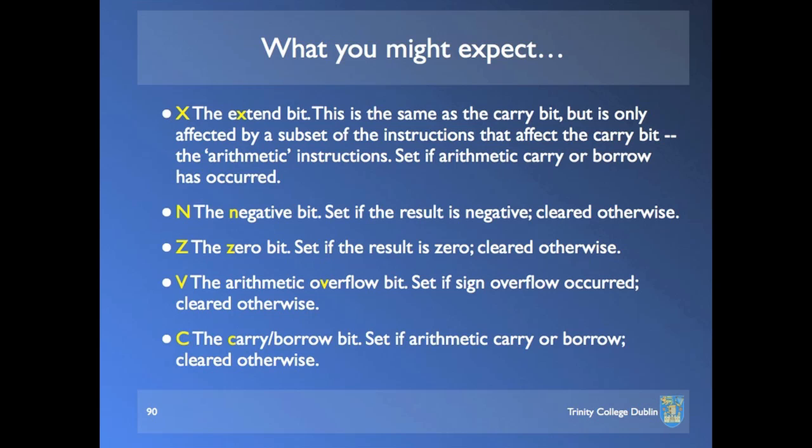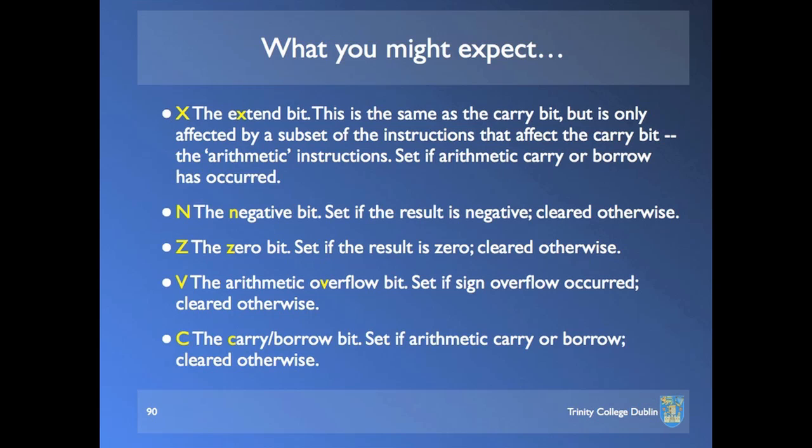And I never know which are arithmetic instructions and which aren't, so I'm left to actually looking at the instruction set summary to make sure that a particular instruction may have an effect on the X bit if I want it to. N is the negative bit. It's set if the result of whatever, say, add or subtract or move, is negative. And negative means that the most significant bit is set.